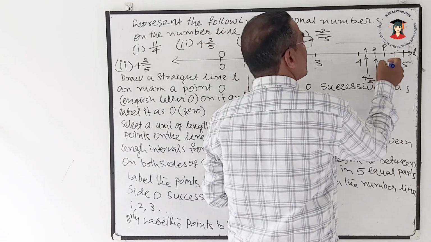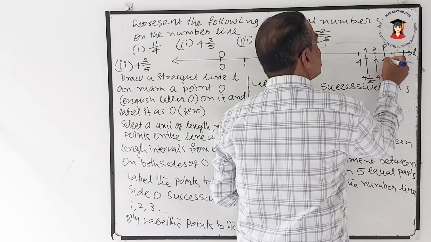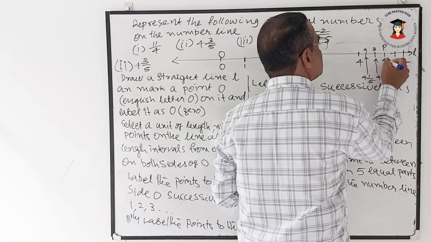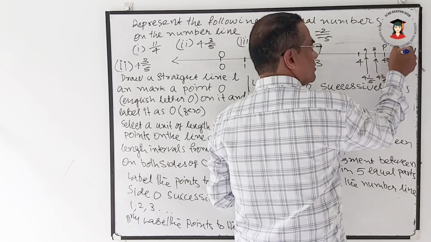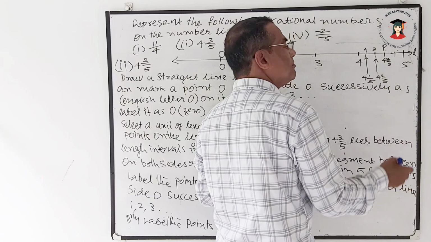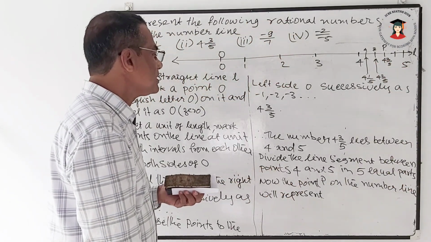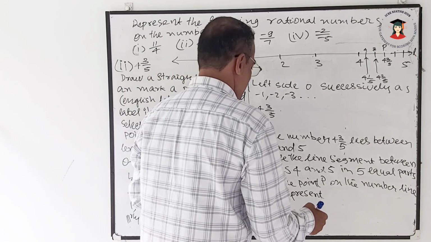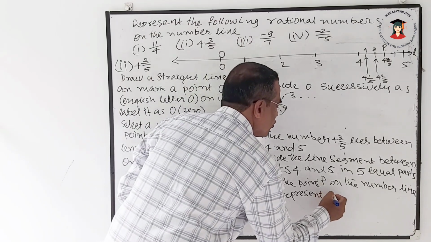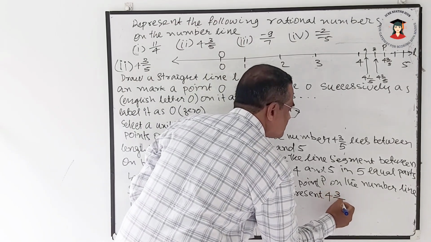The third point will represent 4 and 3 by 5. What will be this point? That point will be 4 and 4 by 5. Now the point P on the number line will represent 4 and 3 by 5.